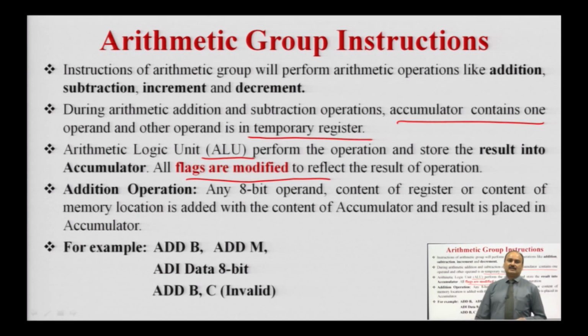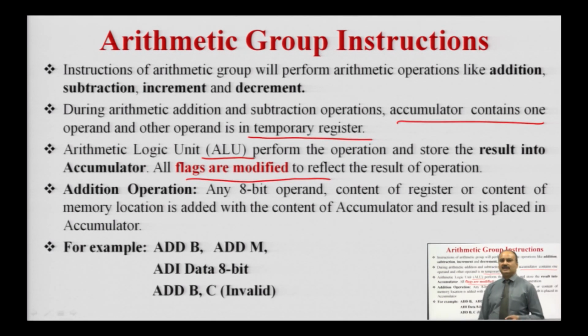In the case of the data transfer group, no flags are modified because the processor will only transfer or copy the data from source to destination. But here, in the arithmetic group instructions, the processor will perform the arithmetic operation between the two data items present in the accumulator and one of the registers specified with the instruction.